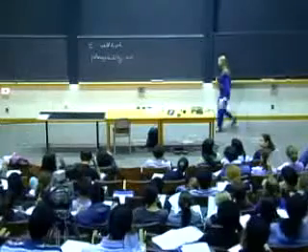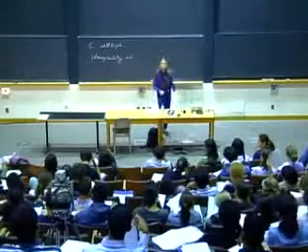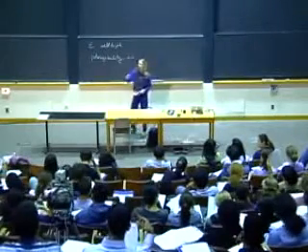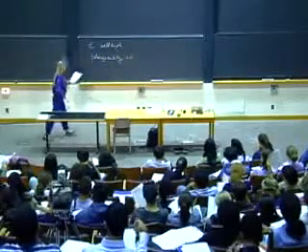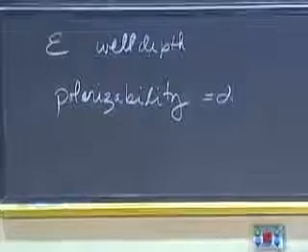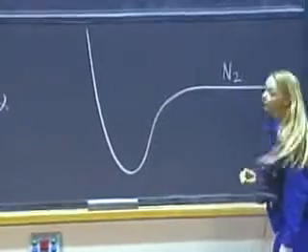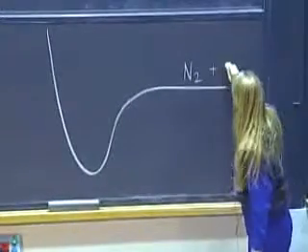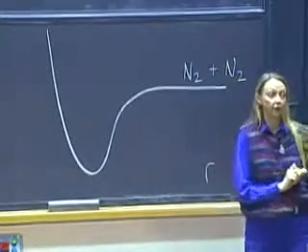But now let's talk a little bit more deeply about what exactly is going on as we lower the temperature close to the liquefaction point. All right, so let me draw a Lennard-Jones potential again. And now I'm going to do it for two nitrogen molecules. So here's nitrogen, two separated nitrogens as a function of R, the distance between the two nuclei.